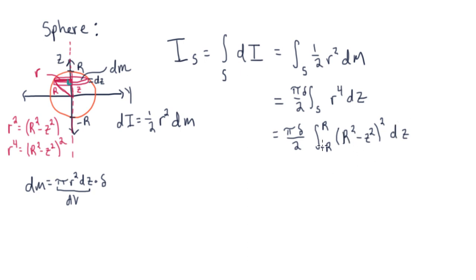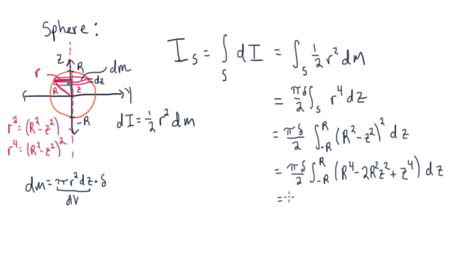Okay, well, here's what I'm going to do. I'm going to expand this so I can actually integrate it. So I have pi delta over 2, integrate from minus R to R. This is R to the 4th minus 2 R squared z squared plus z to the 4th dz.